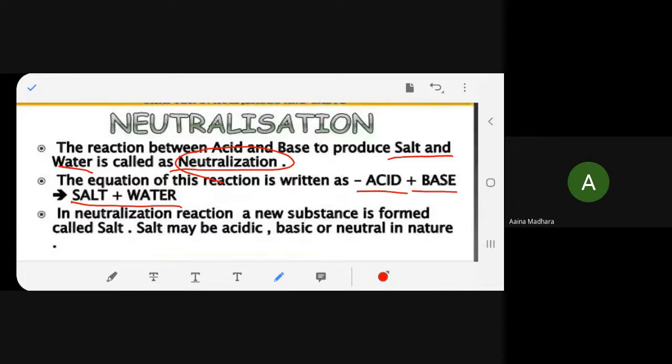Can you hear me, beta? Yes, ma'am. In this reaction, a new substance is formed that is called salt. Now, what is the feature of salt? That salt can be acidic, can be basic, or can be neutral. Any problem?